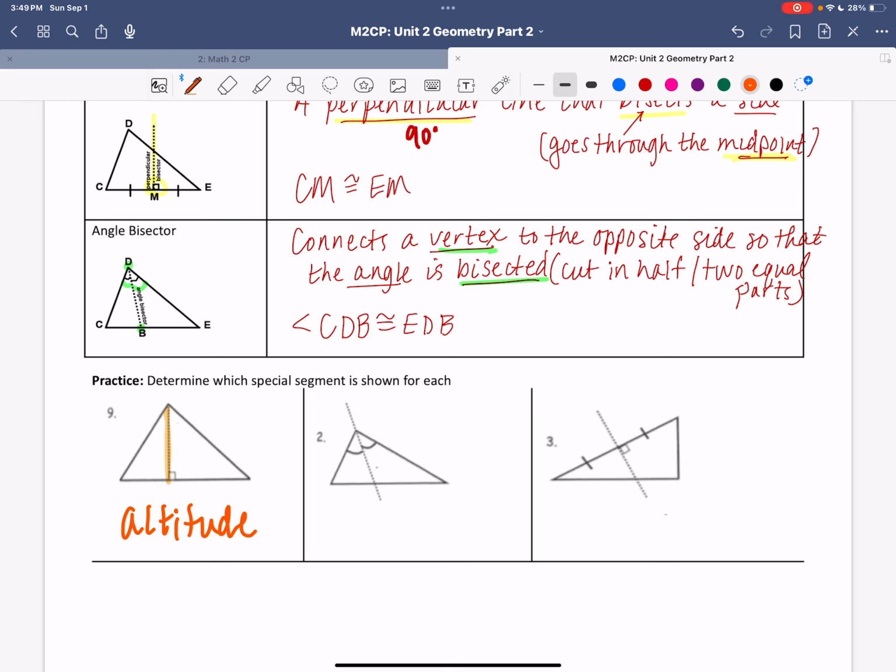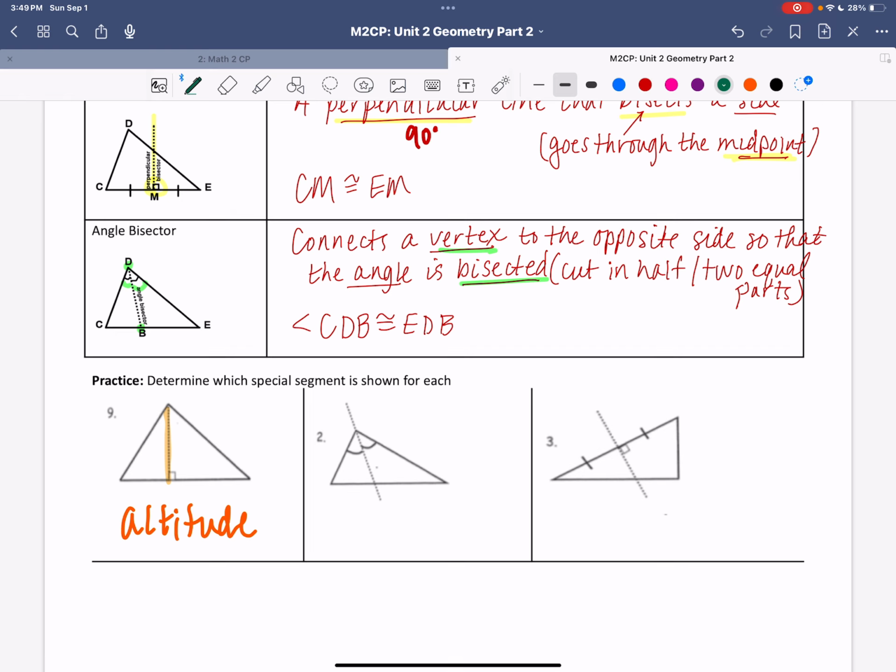All right, this one has a vertex and it goes here, but it's focused on these angles. So this is going to be something that cuts the angles. So I would actually go with angle bisector, because that means you've got this side equal to that side.